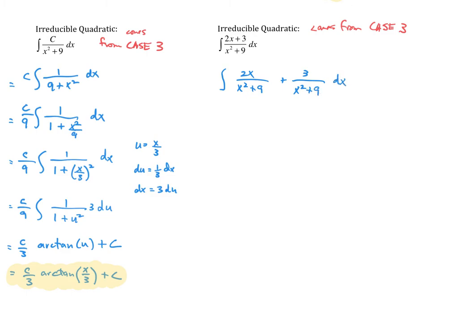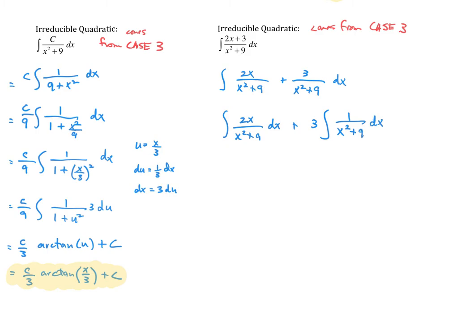And then I can even split this integral up into 2 integrals. So this will be 2x over x squared plus 9 dx, plus, I could pull the 3 out, so I'll put a 3 integral of 1 over x squared plus 9 dx.